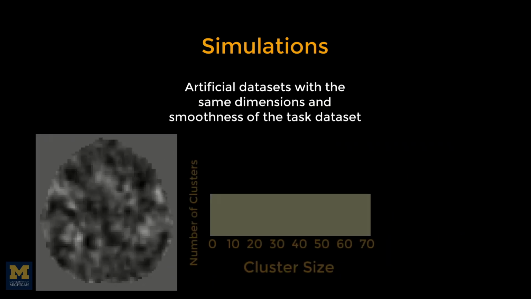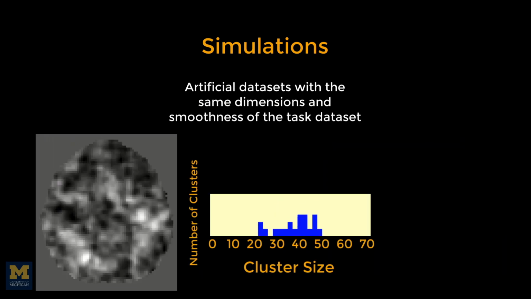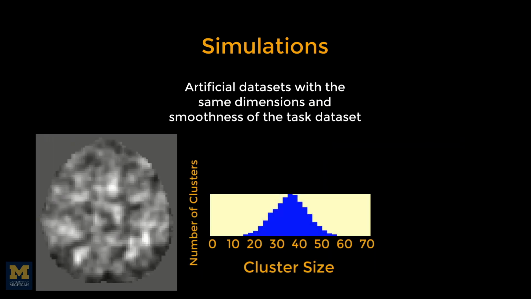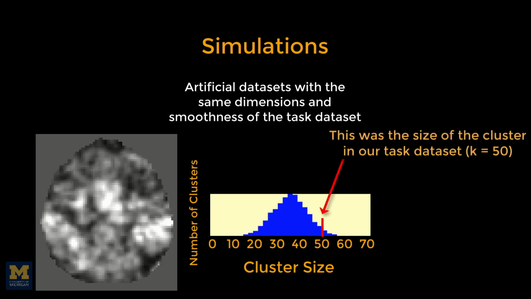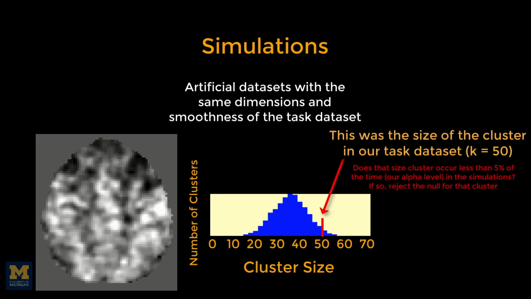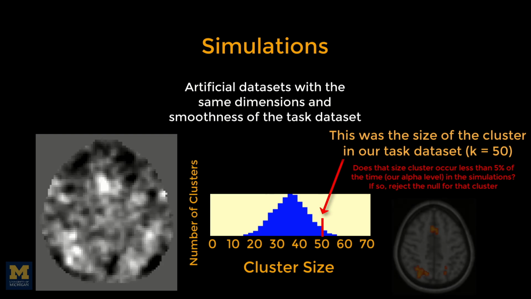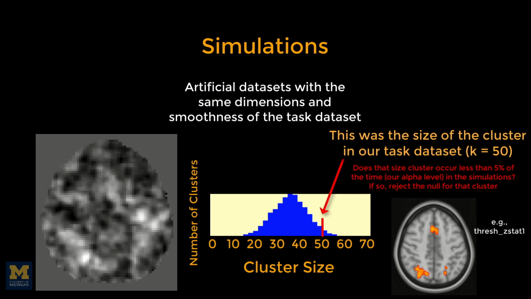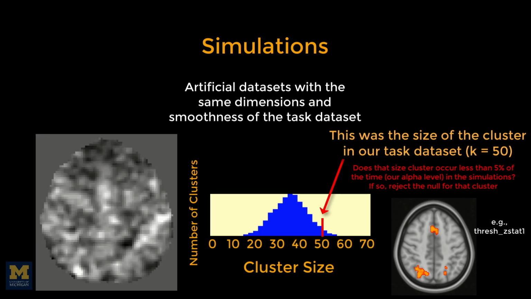And from this distribution, we can calculate the percentage of the time we would observe a cluster as large as the one we generated from our task dataset. If that percentage is lower than our alpha level of 5%, we can reject the null hypothesis for that cluster. And these are the clusters that are automatically generated by FSL and stored in the images with the thresh prefix.